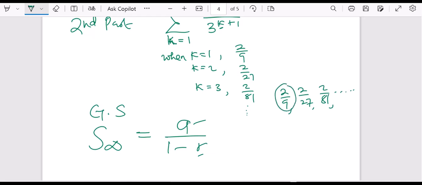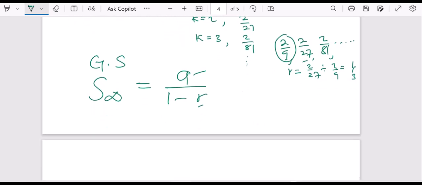What of the common ratio? The common ratio is found by taking this term over the previous term: 2 over 27 divided by 2 over 9, and this equals 1 over 3. So this will imply that we have 2 over 9 over 1 minus 1 over 3.